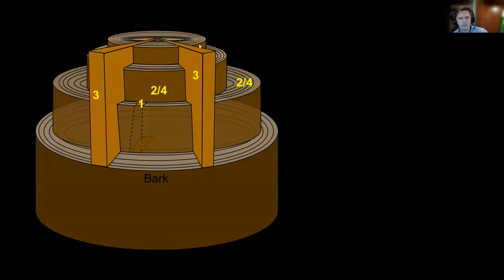So the rays that I pointed out earlier in one of the cross sections are what compose wall three, and they have a greater ability to defend the tree from pathogens than walls one and two.